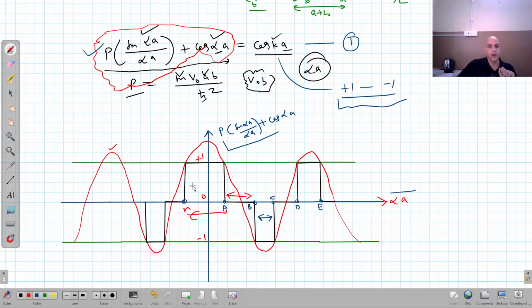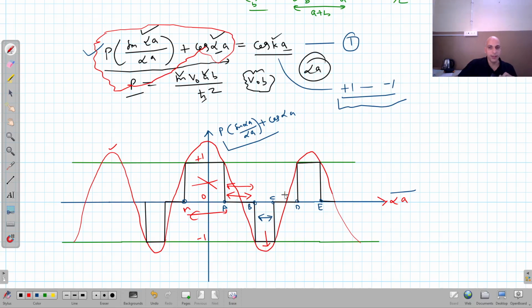It means it is not allowed, it is forbidden. Again, you look at this region from A to B. This region is between plus 1 and minus 1, so this region is allowed. Then from B to C, again it is going outside minus 1.